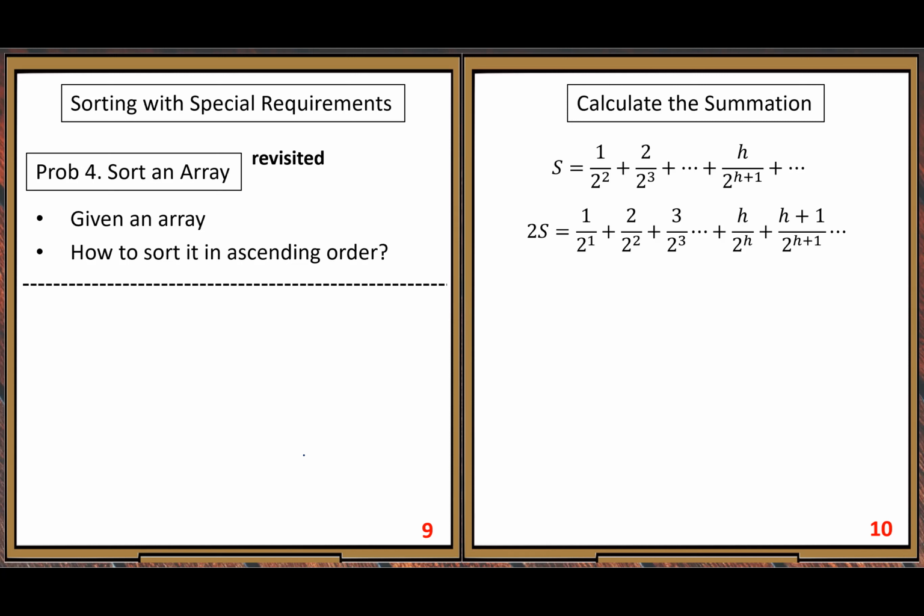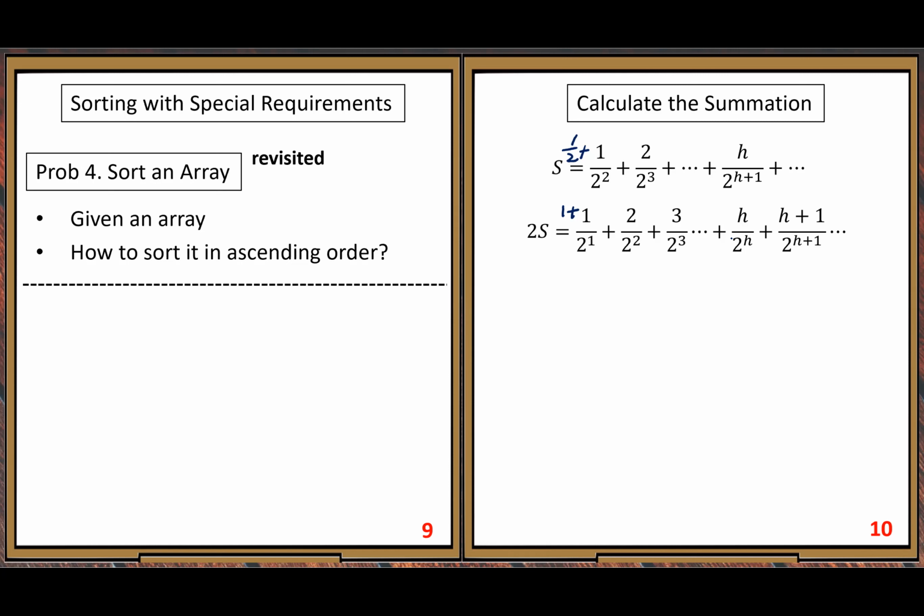Sorry. Why do I say that? I need to modify it, because S, based on our previous slide, should be 1/2 plus that. Then 2S should be 1 plus that expression. I just found the mistake here.